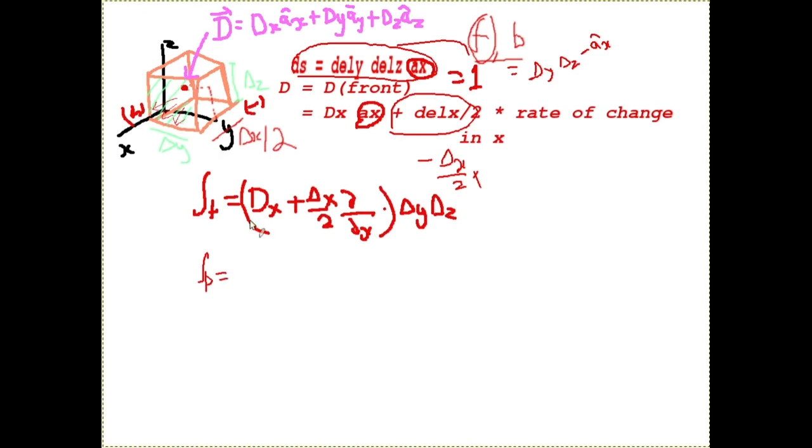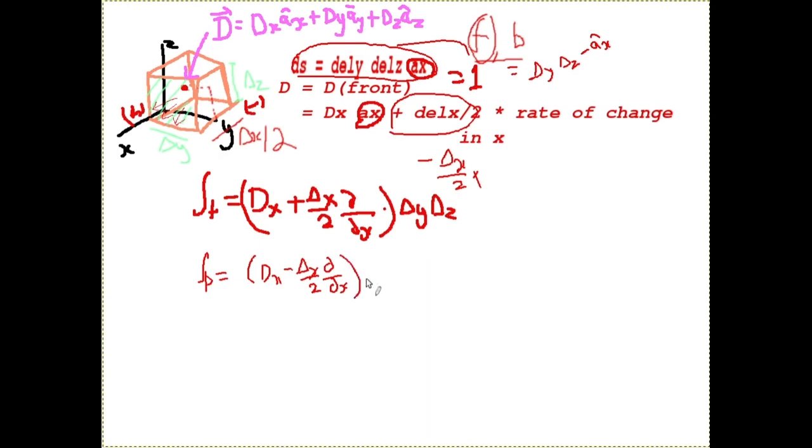Again the same parameter, a_x dot a_x will become 1, so I can write it as D_x minus delta x by 2 times the partial derivative with respect to x.